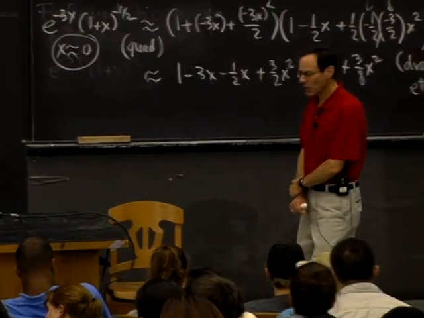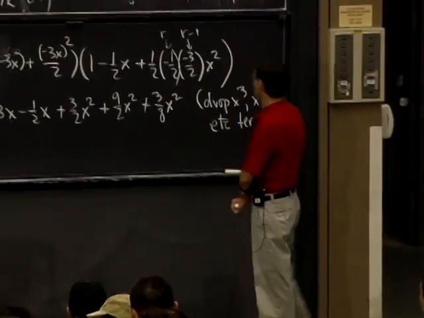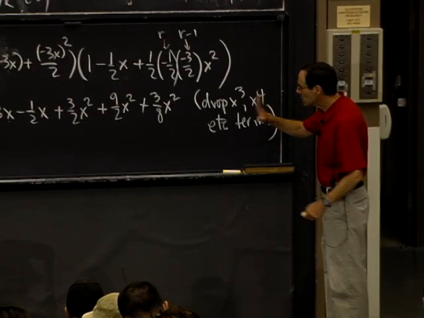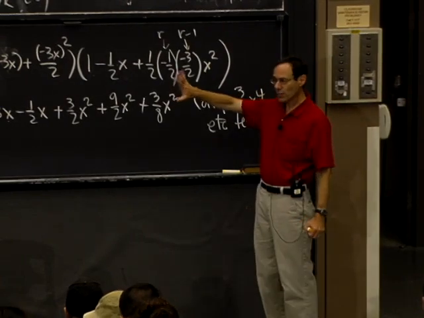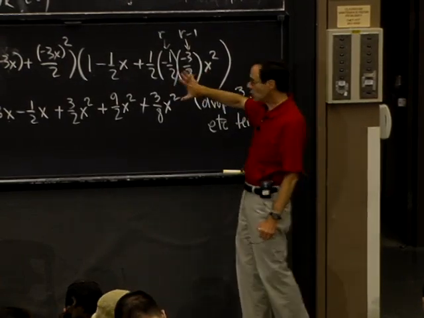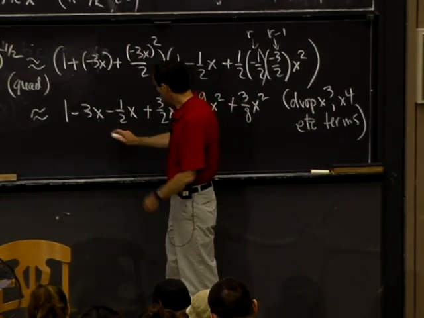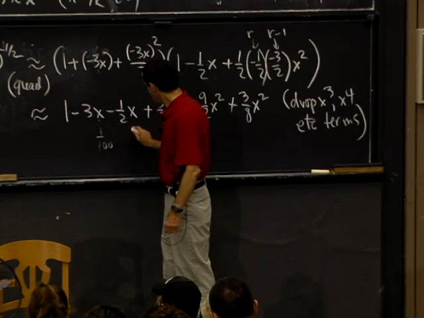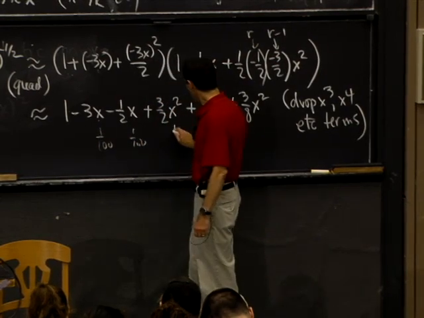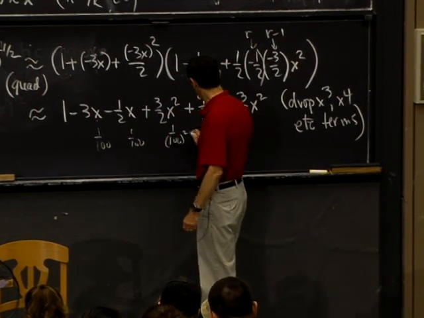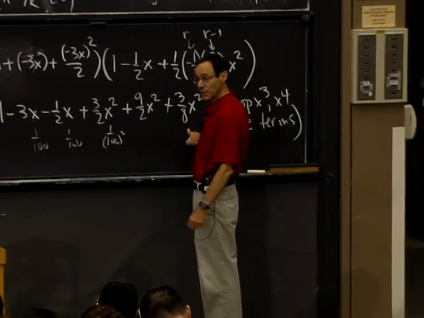Why do I get to drop all the higher order terms? So that's because the situation where I'm going to apply this is a situation in which x is, say, 1/100th. Okay? Here's something which is on the order of 100th. This is on the order of 100th squared, all of these terms.